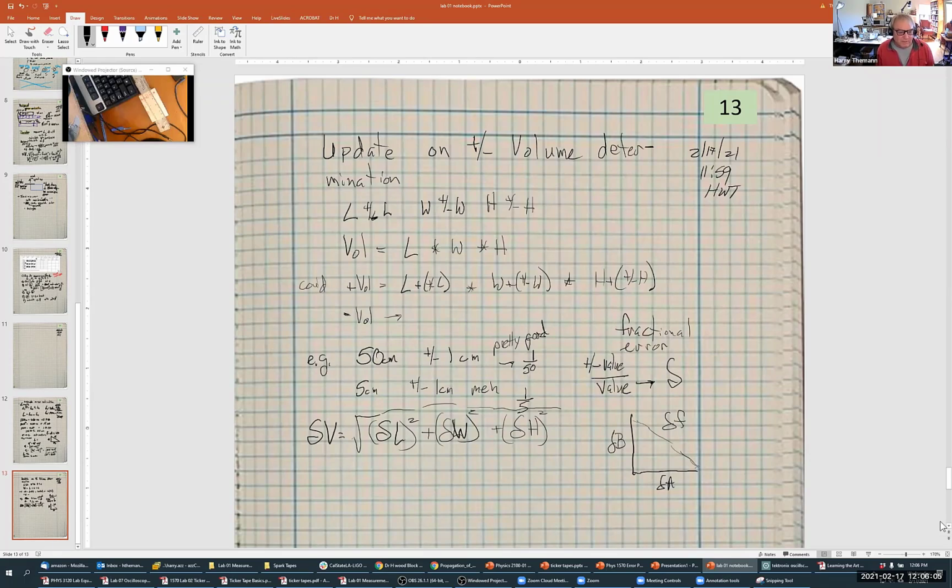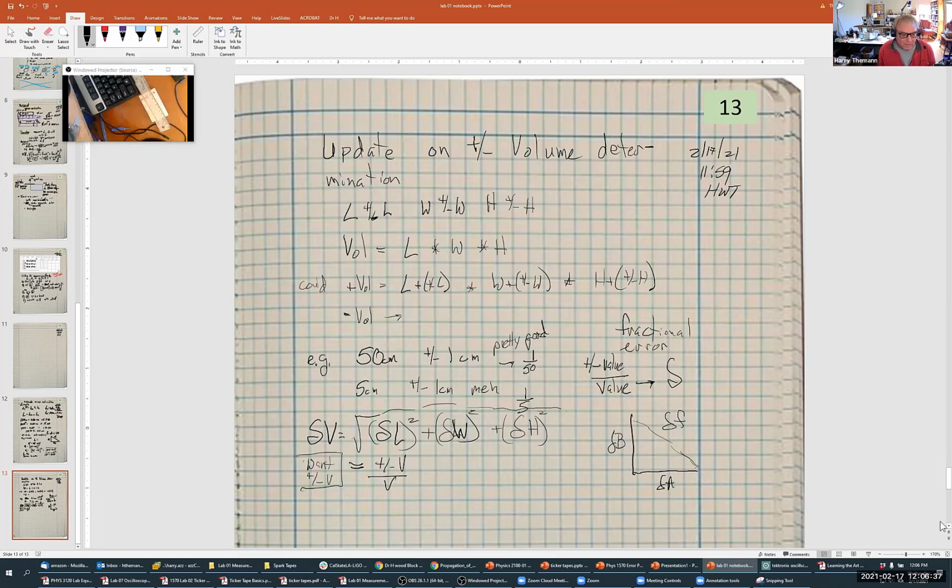Now, the only thing we have to remember is that we don't want the fractional error of V, we want plus minus ΔV. So we just have to remember that this fractional error δV also equals plus minus ΔV over V, so let's box this.